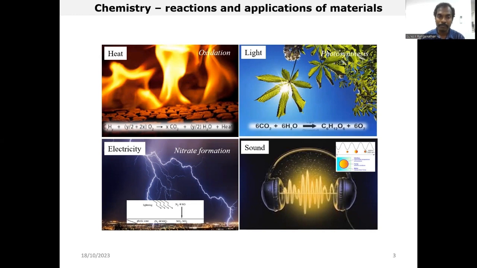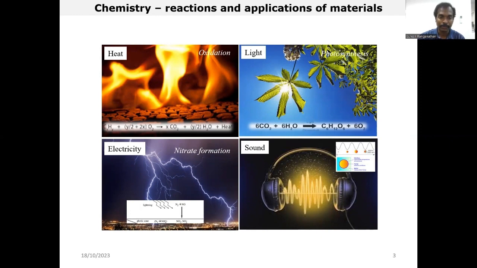So generally, chemical reactions are performed by using different forms of energy resources. The best example is heat. In this image, you can see that wood is burning. Wood burning is a kind of oxidation reaction.